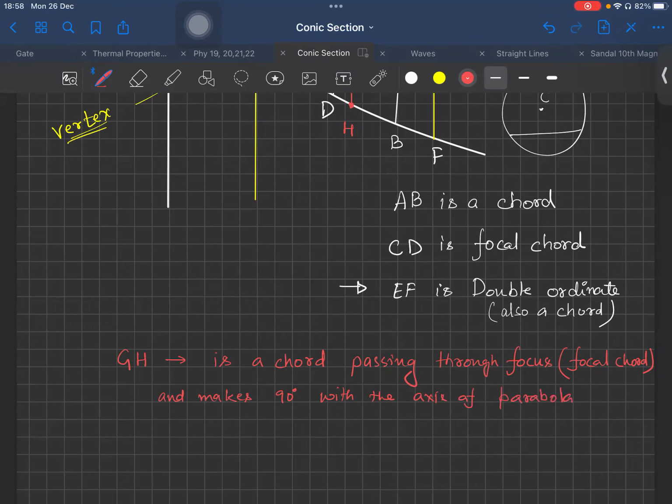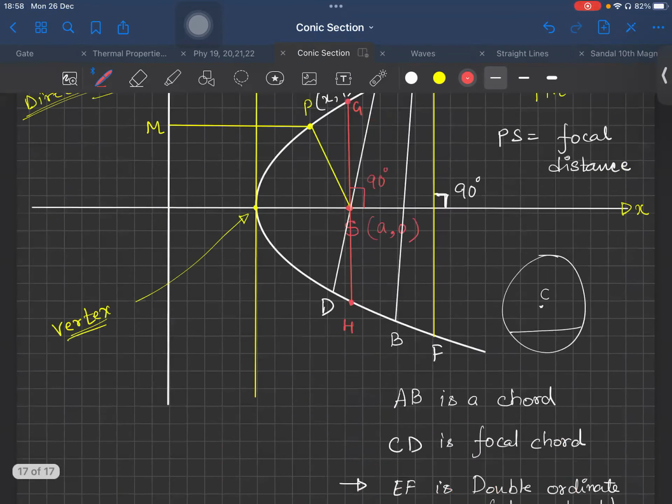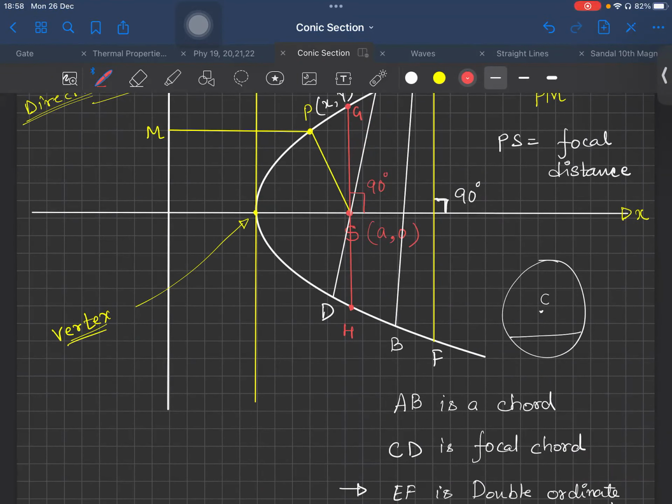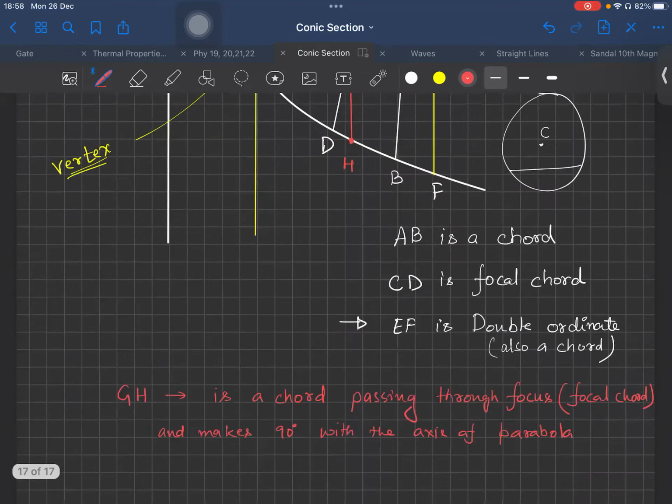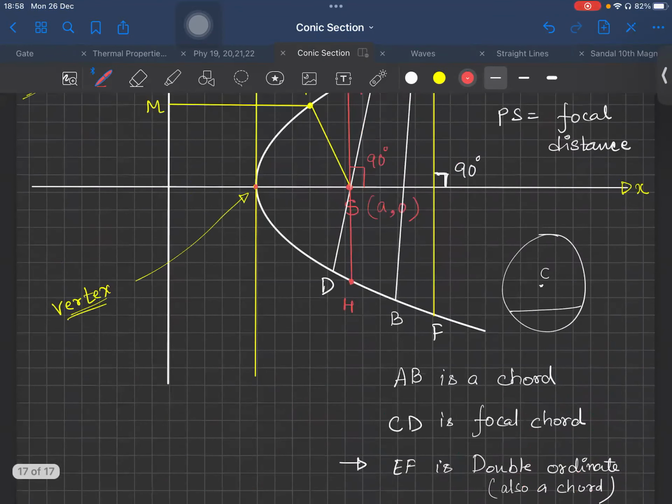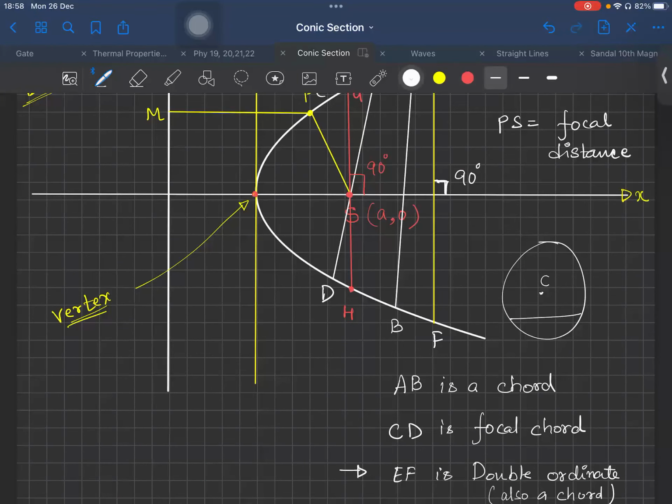If it is making 90 degrees with the axis of the parabola, here in this case the x-axis is the axis of the parabola.